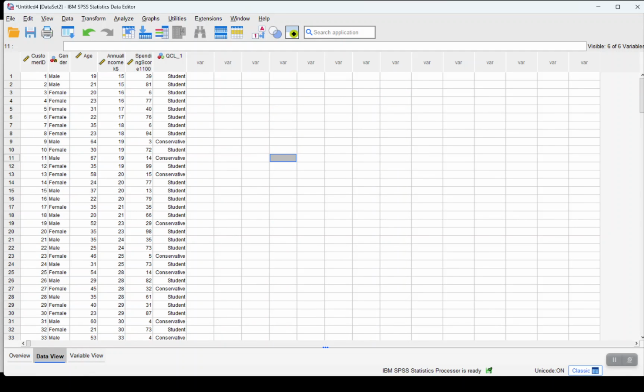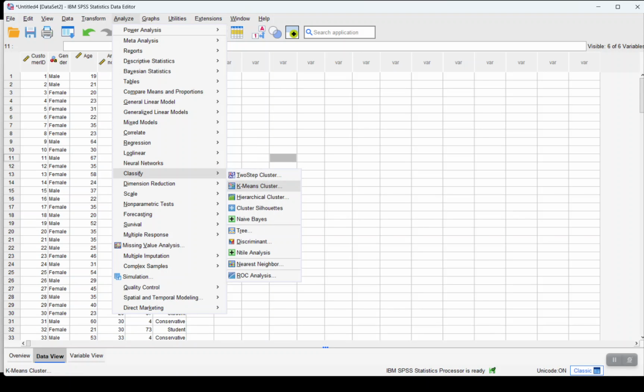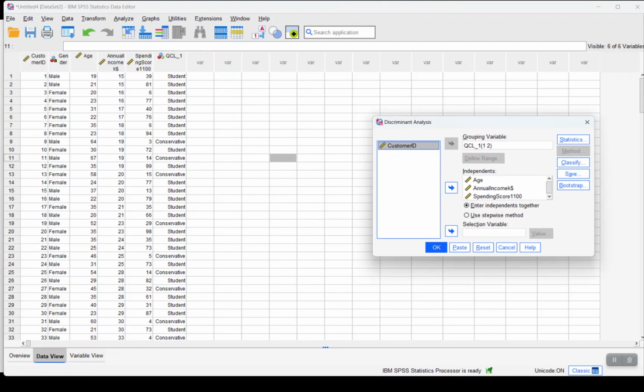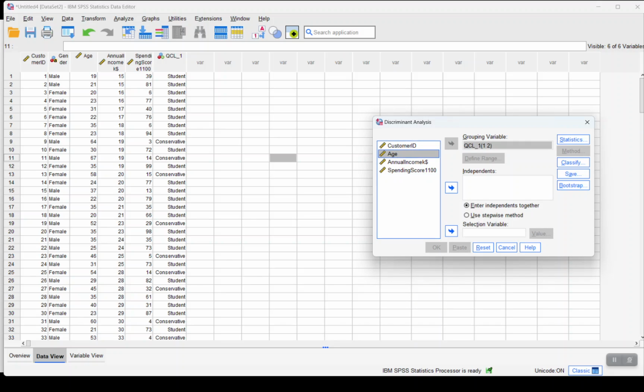So how do we do discriminant analysis? We click on Analyze, Classify, and click on Discriminant. The grouping variable or dependent variable is the cluster that we have considered. We will have a minimum of 1 and 2 as the range for this analysis. The independent variables, as mentioned earlier, are age, annual income, and spending score.